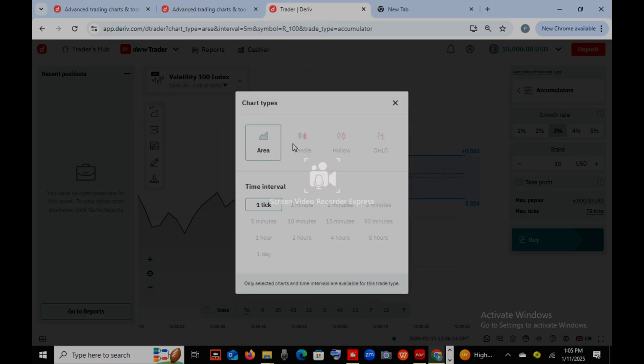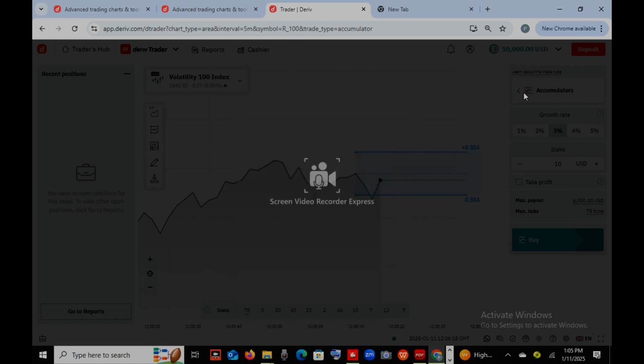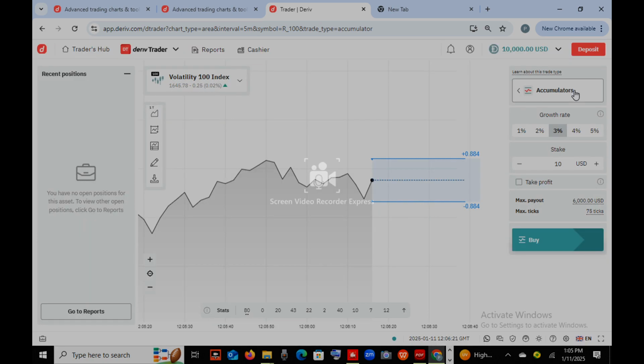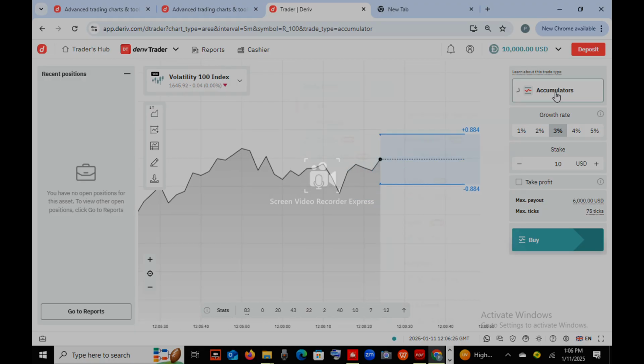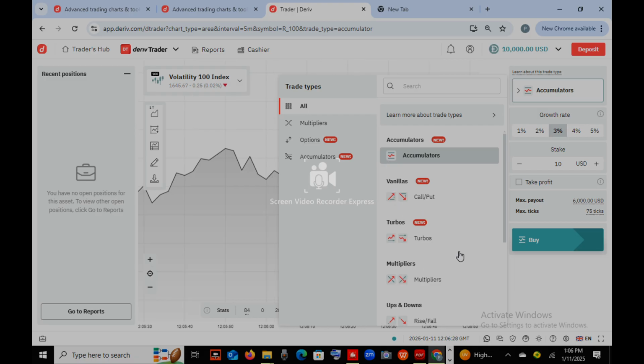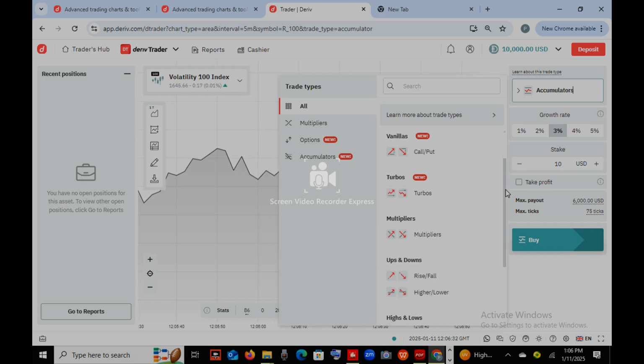But you observe these changes cannot be made here until you go and change your trading type. Come here, change your trading type to rise and fall. This is it. Change it to rise and fall.